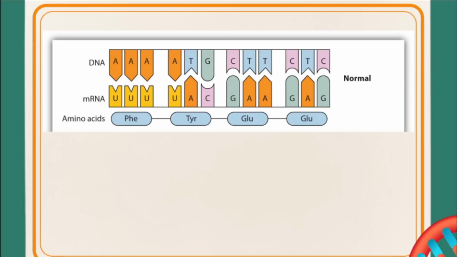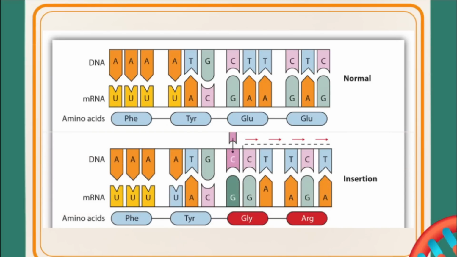Okay, so ano bang itsura ng point mutation na may insertion? The normal DNA sequence would be CTT. However, C was inserted here. Kaya siya insertion. So, syempre, dahil nagkaroon ng C dyan, papartneran din siya ng G because you know that cytosine pairs with guanine.